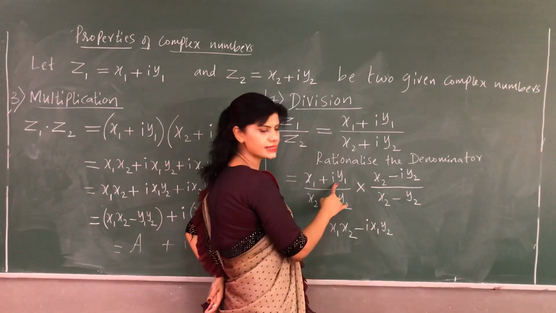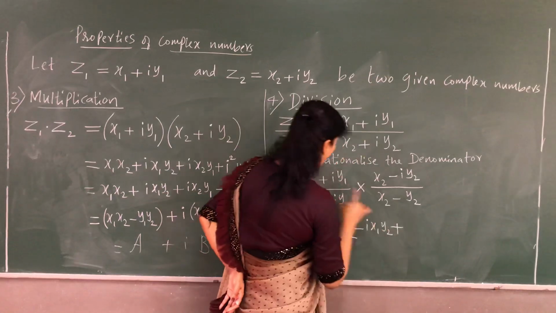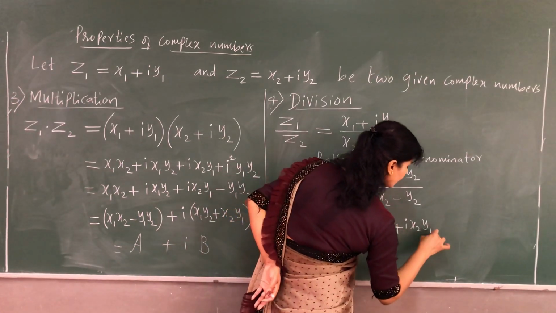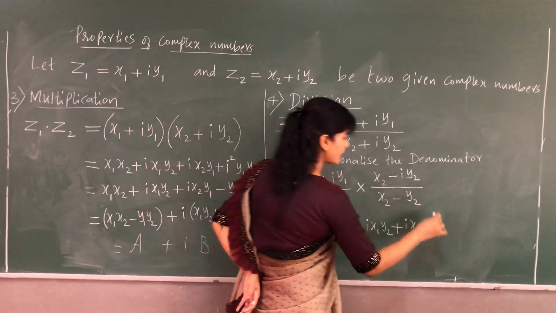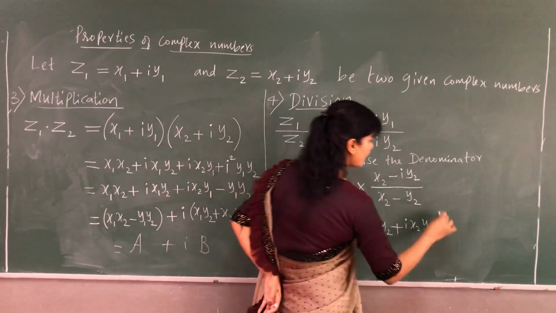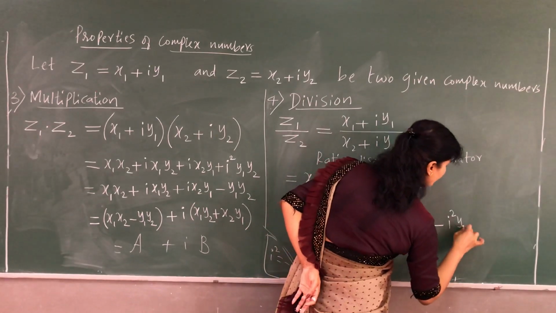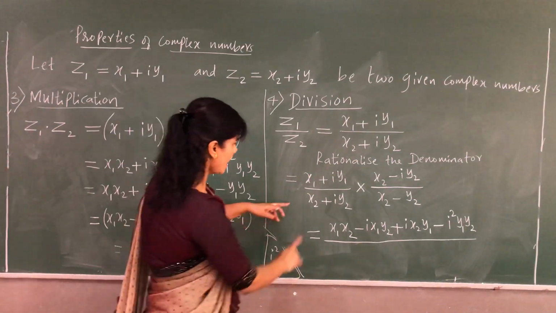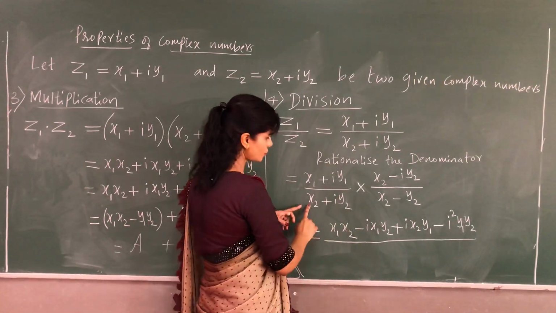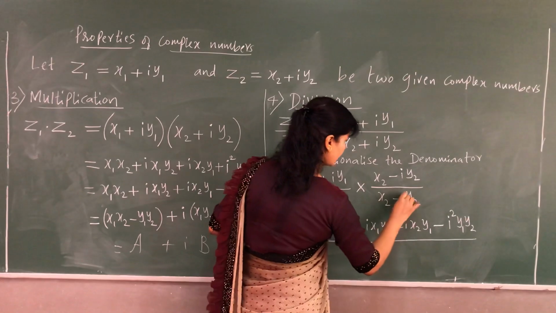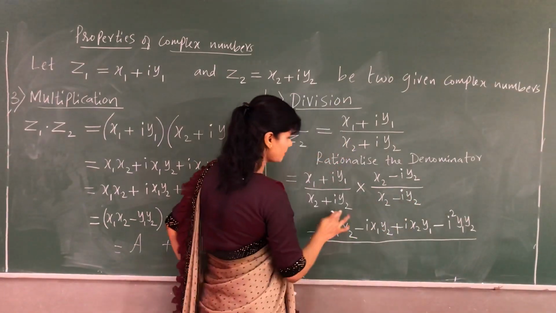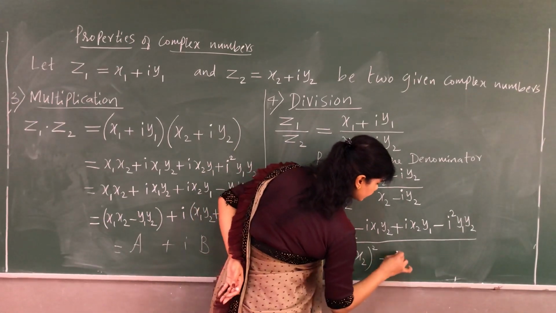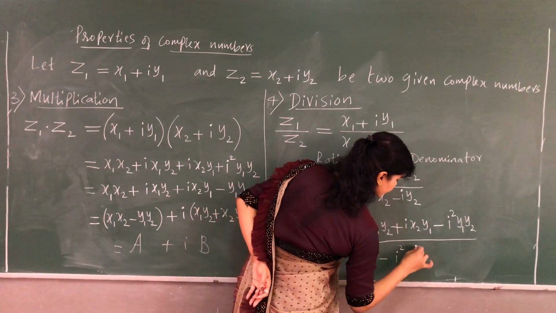If I multiply with this plus iy1 into x2, plus, and plus into minus minus, i into i square, y1 y2, upon x2 squared, these are conjugates: a plus b into a minus b is a square minus b square.